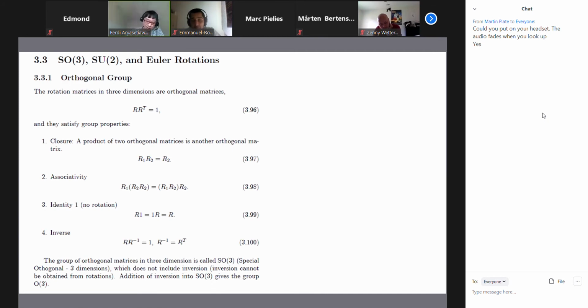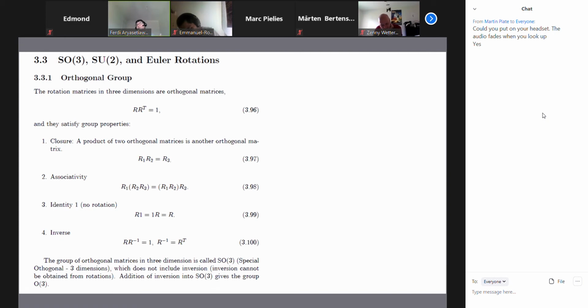So this is the Euler theorem. It's always possible to rewrite any rotation as 3 successive rotations about some fixed axis.